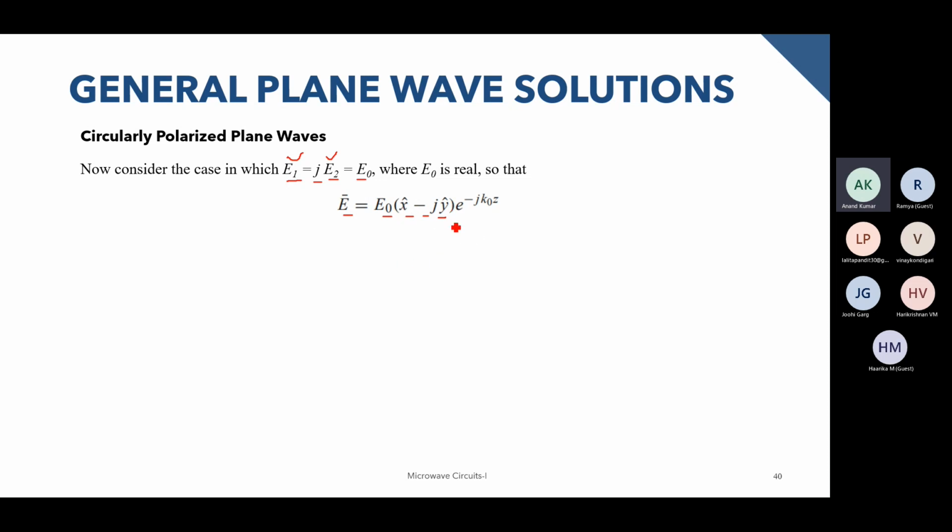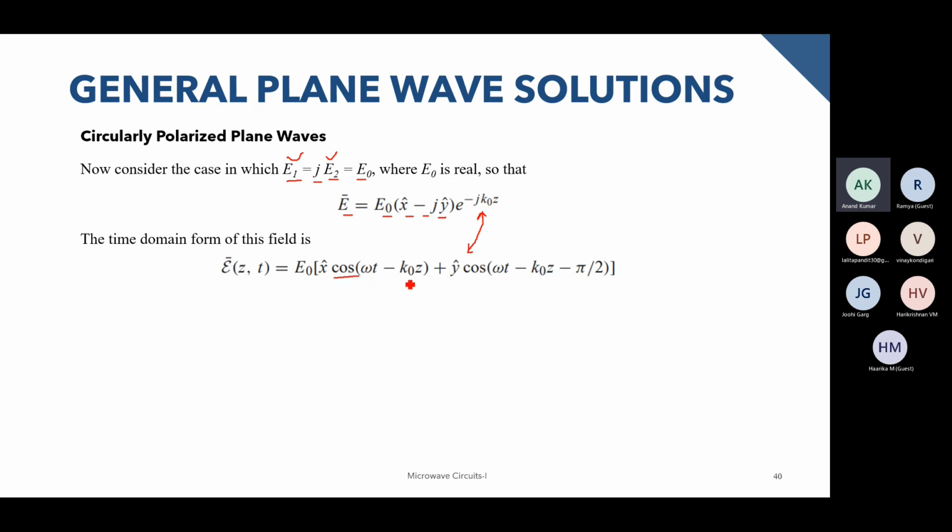If you try to write this in the time domain, we can write it by changing from polar to Euler form. We can write it like this: cos of omega t minus k naught z, and then minus pi by 2 as the phase offset to account for this minus j.